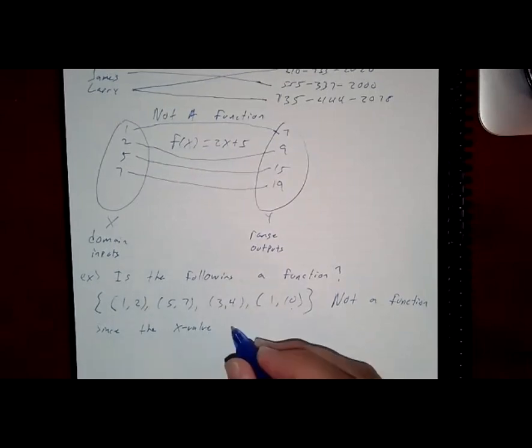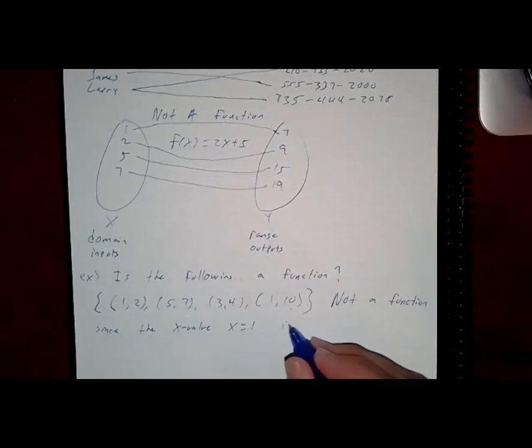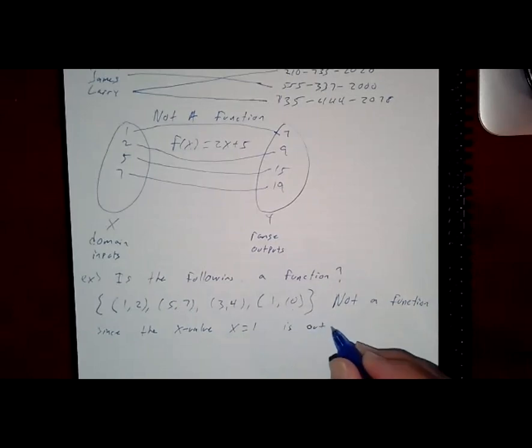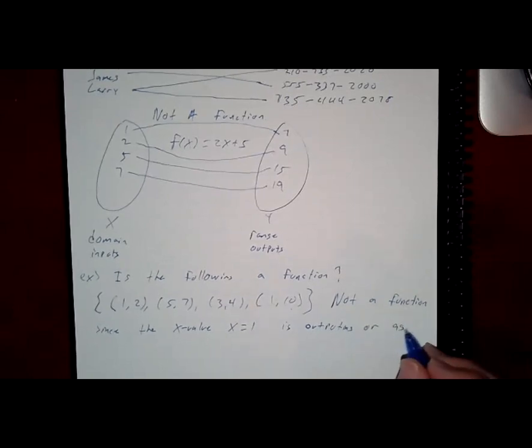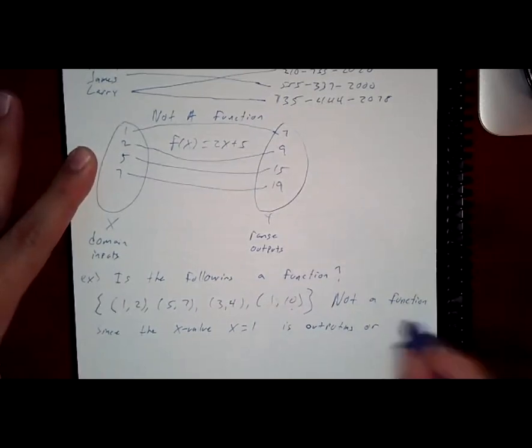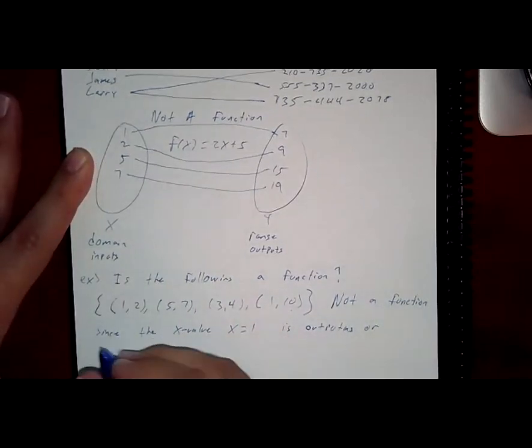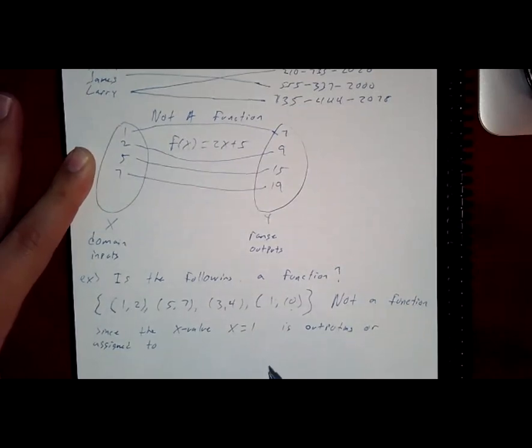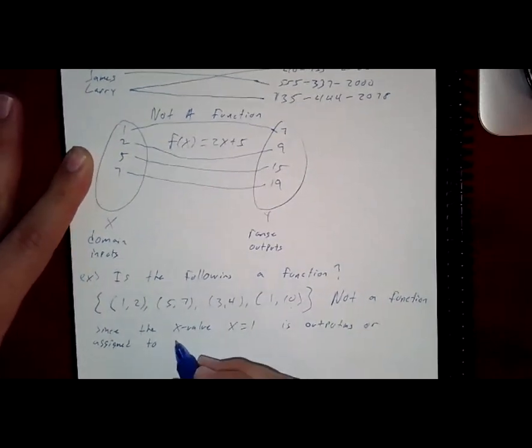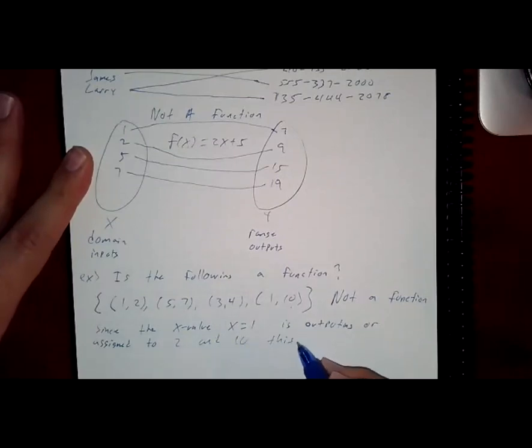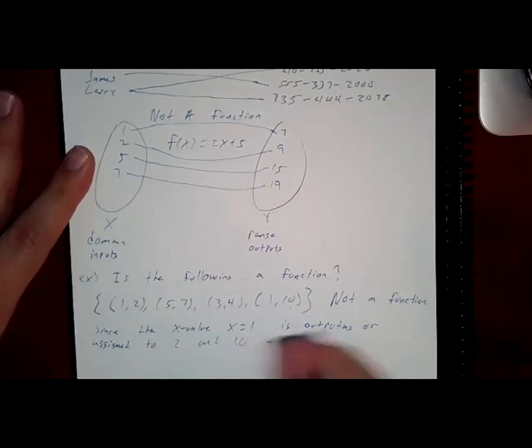Since the x value, x equal to 1, is outputting, or you could say assigned to, 2 and 10. This violates the definition, so it is not a function.